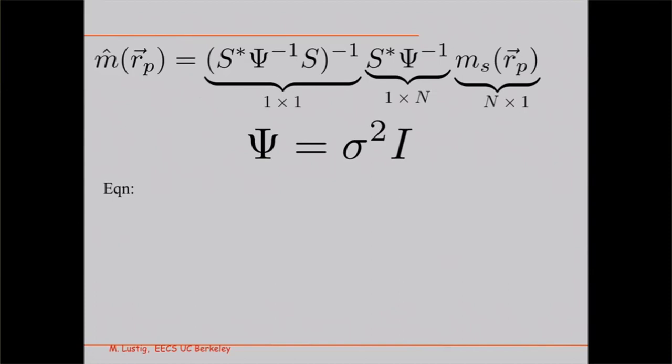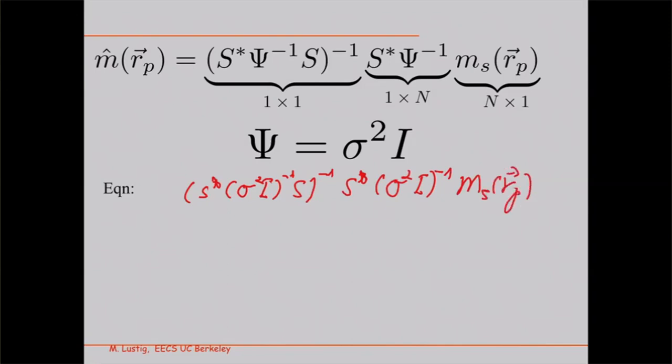In that case, what I will get is S conjugate sigma squared times I to the minus 1 times S, all that to the minus 1, and then S conjugate sigma squared times I to the minus 1, M sub S of RP.